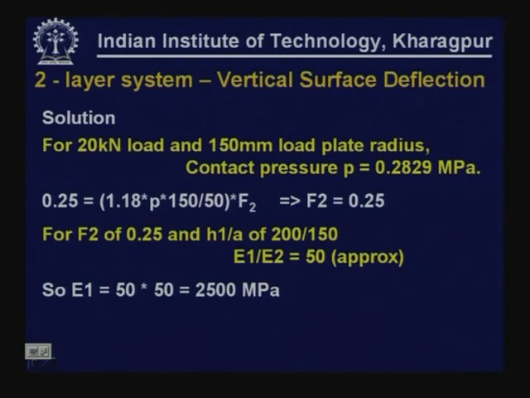For an F2 value of 0.25 and H1 by A of 200 by 150, H1 is the thickness of the pavement layer, this is already given, the E1 by E2 works out to be approximately 50 from the previous chart. So, E1 by E2 is equal to 50, therefore E1 equals 50 into E2, that is 50. So, E1 works out to be 2500 MPa.